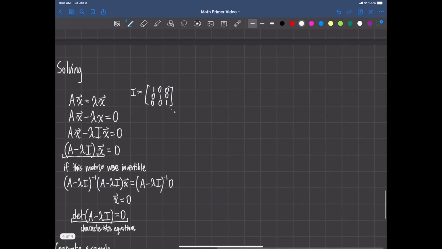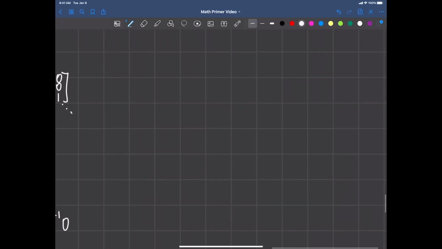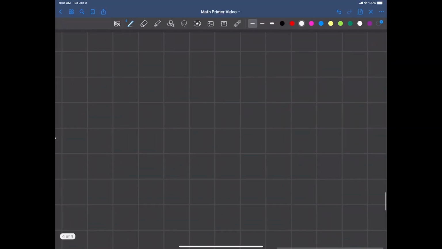Now that we have the eigenvalues, we solve for the eigenvectors, and it must be done for each eigenvalue separately. So again, A minus lambda I multiplied by the x vector, the eigenvector, is equal to 0. So we will plug in an eigenvalue to get a new matrix. Then we'll end up with a system of equations to solve.